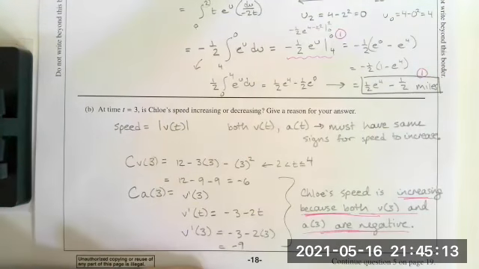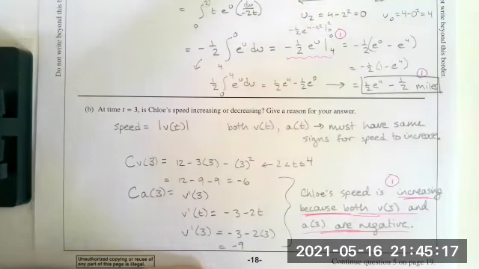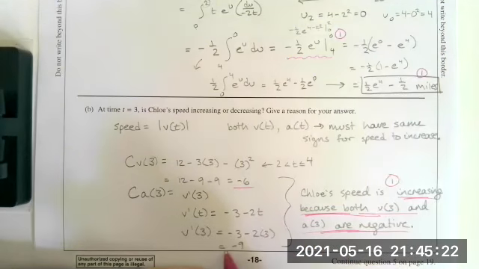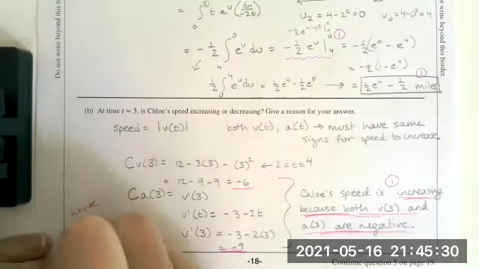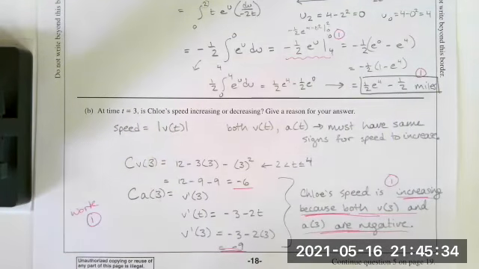Okay, correct reason as well. 1 point over here for your answer with reason. And then your second point comes from the work showing somehow that both acceleration and velocity are negative. So this is where work comes into play. The work, 1 point. The reason and answer, your second point. All right, so that's part B.